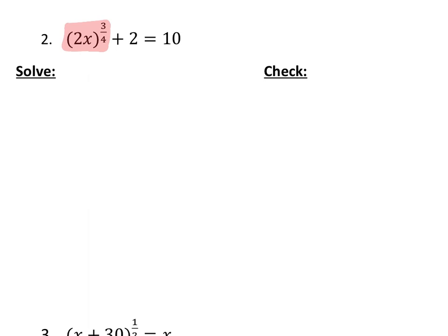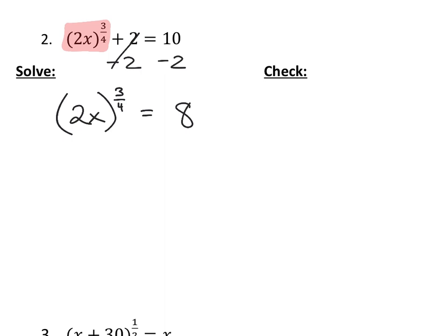That's what we want by itself, which means for this problem, what do I have to do first? Not divide it, but we do subtract 2 on both sides. So I'm going to do minus 2, minus 2. It gets rid of the plus 2 on the same side as the parentheses, and I'm left with 2x raised to the 3/4 power equal to 8.